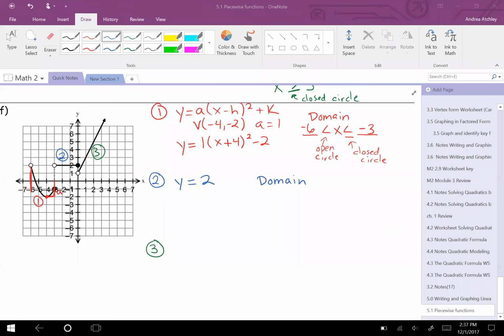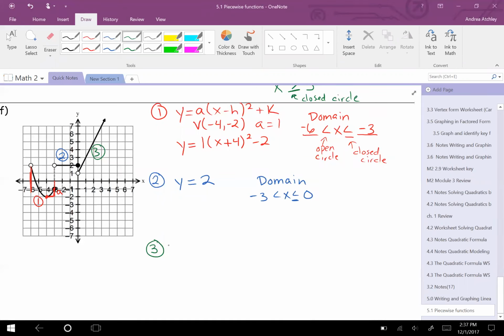The domain starts at -3 and it ends at 0 for x. The x value is 0 here. Don't give me the y value of 2, give me the x value of 0. It cannot equal -3, but it can equal 0 because of our open and closed circles.